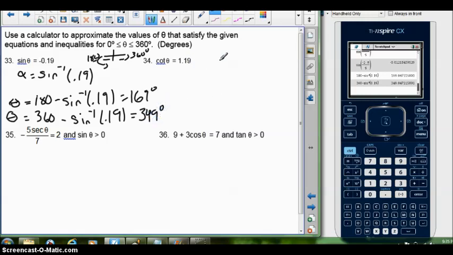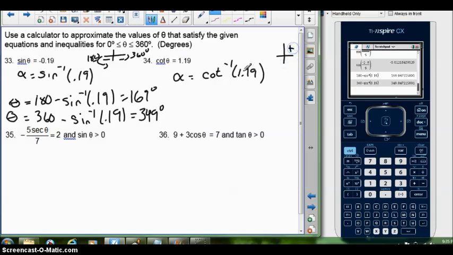Cotangent theta equals 1.19. All right, so our alpha will be cotangent inverse of 1.19. Cotangent being positive happens in two quadrants.